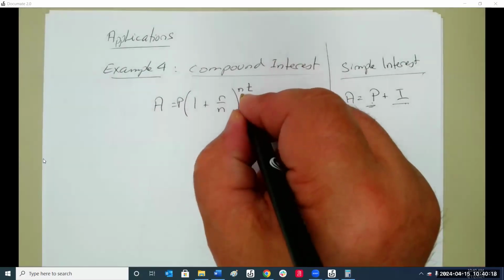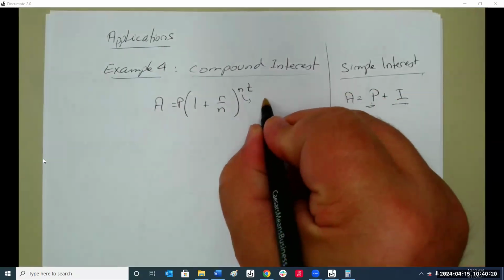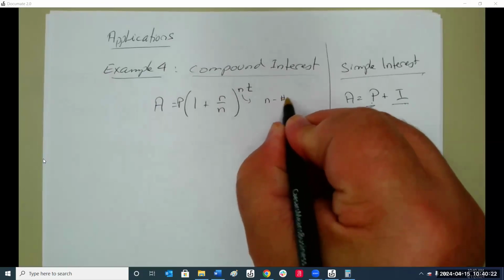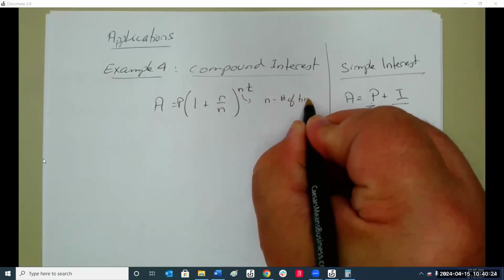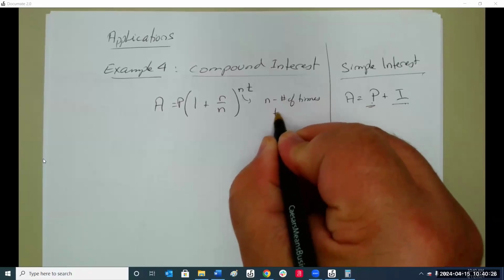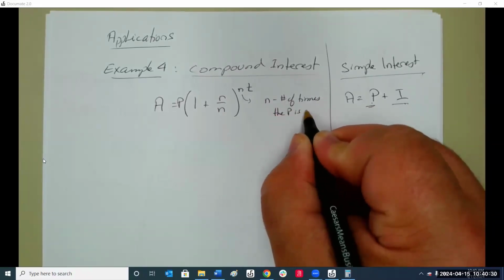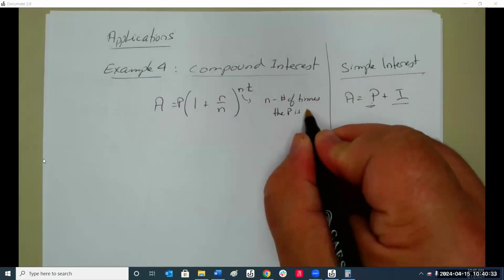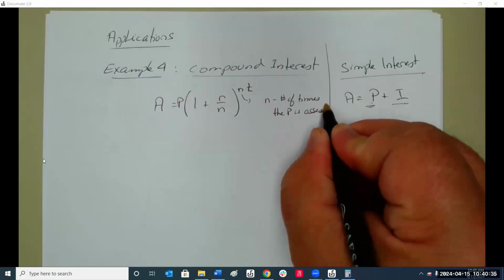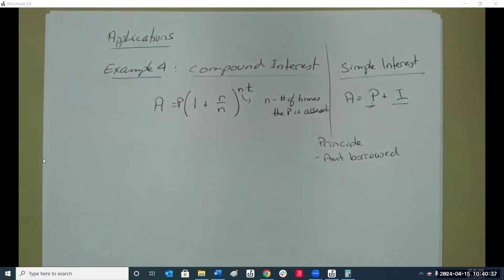That's what n tells us. n tells us the number of times the principal is assessed. In other words, how many times the interest rate is applied to it.